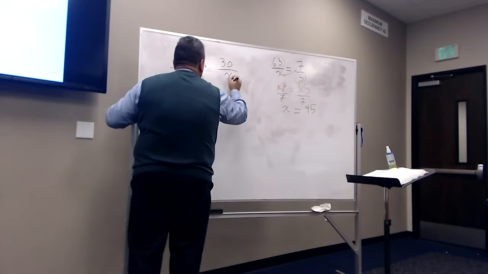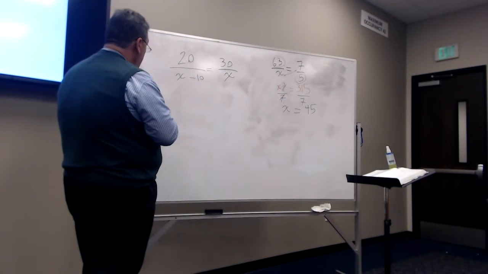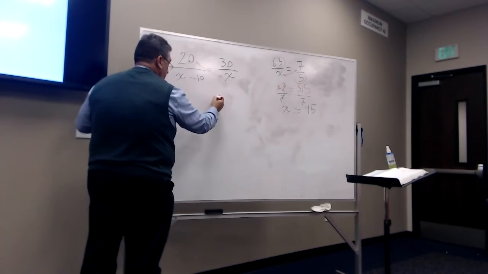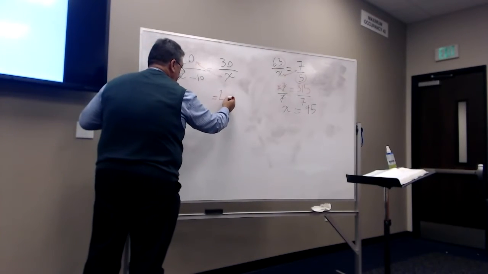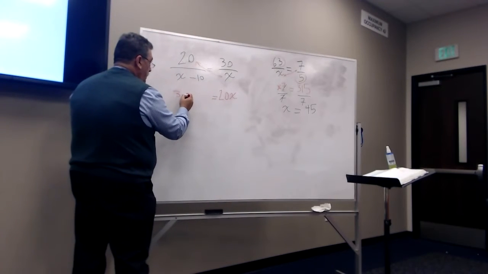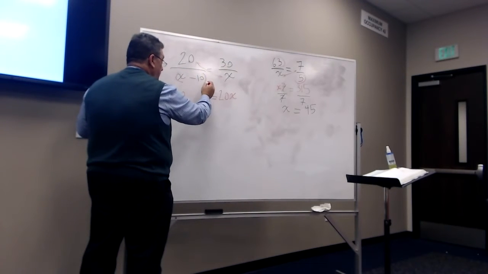Okay, you guys tell me what to do. Okay, so this times that, 20x is on the right hand side. And it's going to be 30 times x minus 10, which is 20. No, multiply.